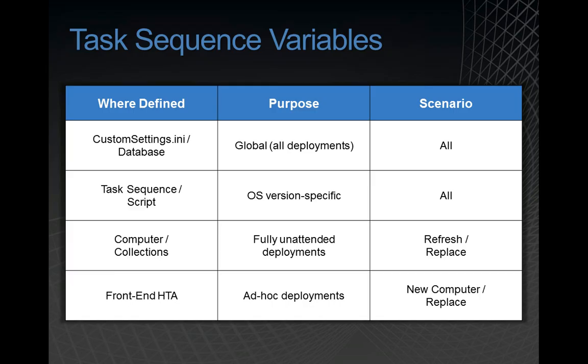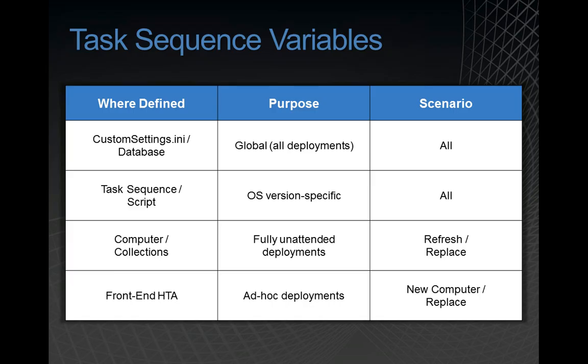Should the deployment rules in custom settings INI become too complex and unwieldy to manage and maintain in a single INI file, among other reasons, custom settings INI can be configured to interface with a database to get deployment rules and variable values.